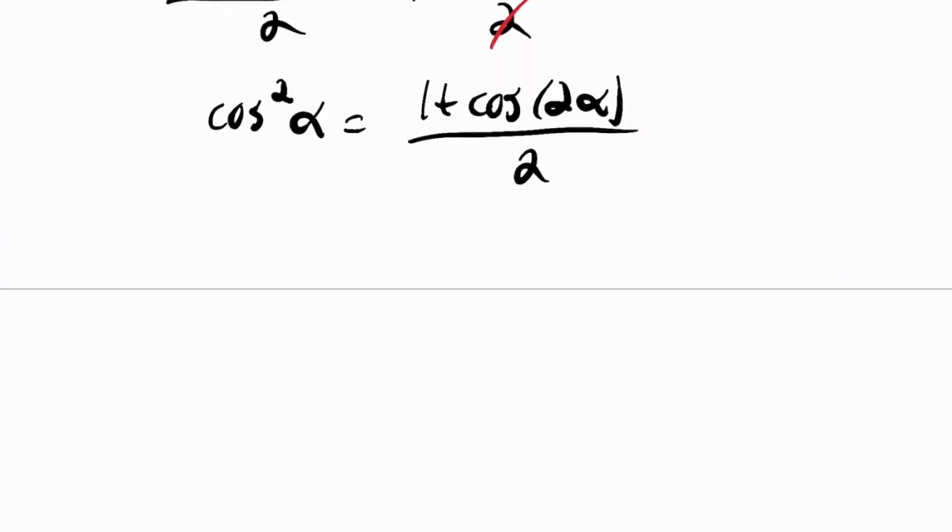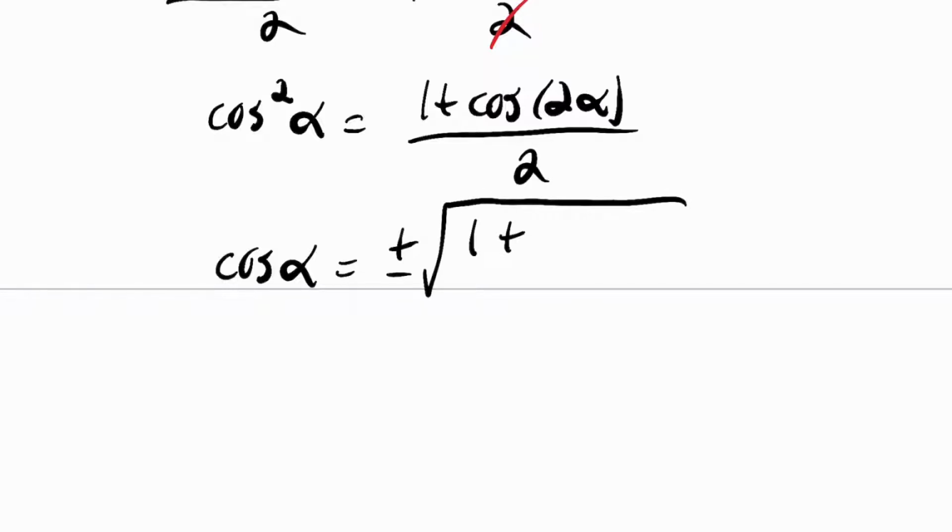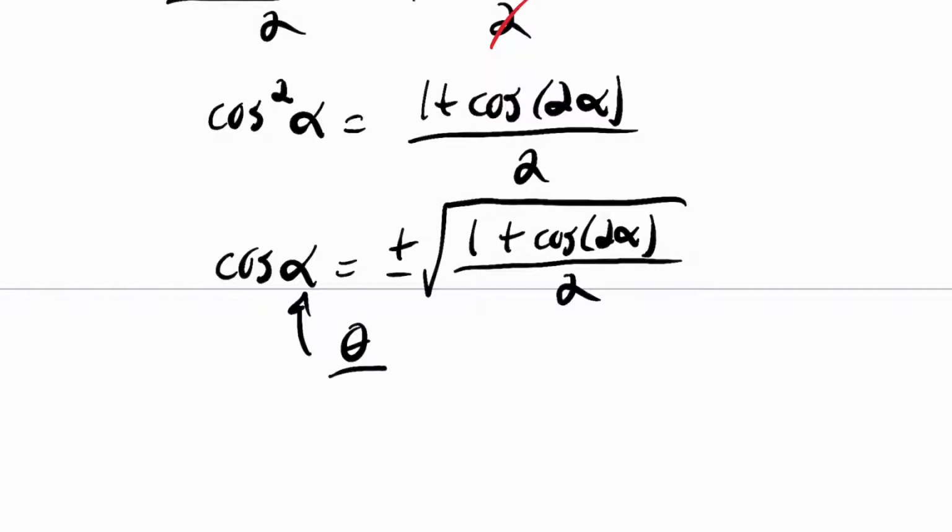Okay, so now what I can do is I can find the square root of both sides. I can say, well, cosine alpha, if I square root both sides, I'm going to have plus or minus the square root of 1 plus cosine of 2 alpha all over 2. All right, and that's basically a formula we're going to use, but what I have to do is replace and say, well, really, I want this guy to be theta over 2.